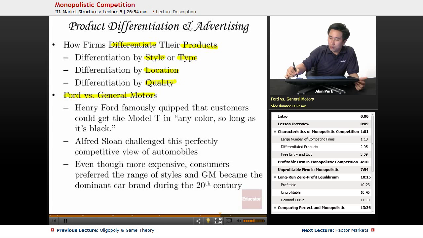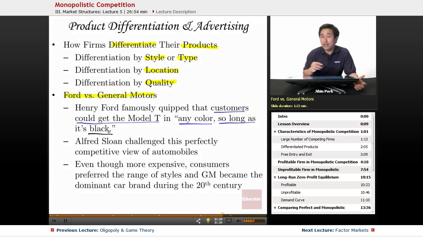A very famous quote that can be attributed to Henry Ford: he famously quipped that customers could get the Model T in any color so long as it was black. So basically, you had a perfectly competitive market, and Henry Ford assumed that lower costs are the premium thing that American consumers wanted.